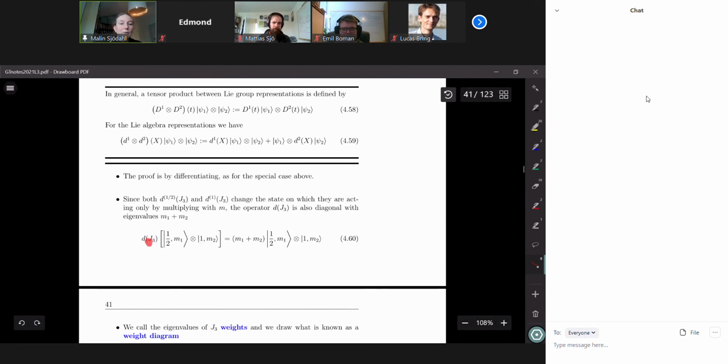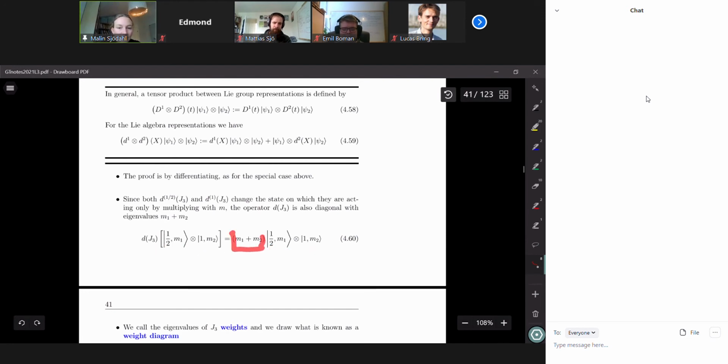And when J-free is acting on the first representation, we know that we will get M1 back. And when it's acting on the second representation, we will get M2 back. So in total, we will get M1 plus M2 back times the state. So this state here is the same as this state here.